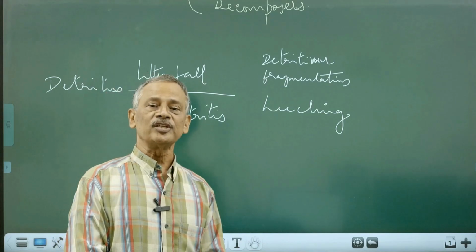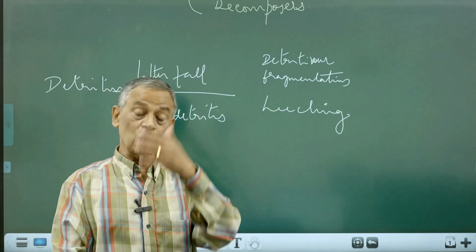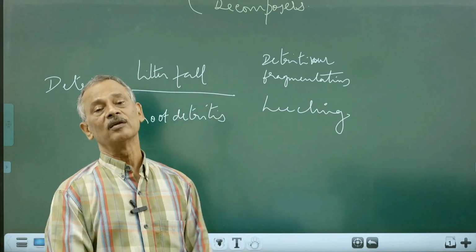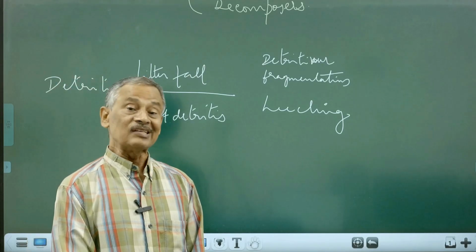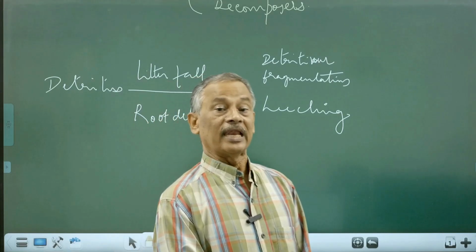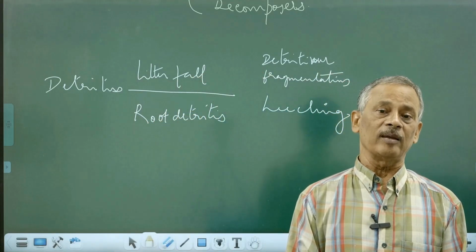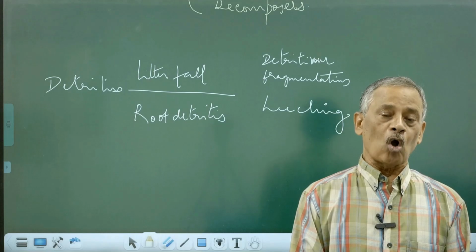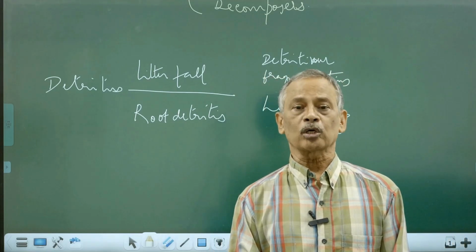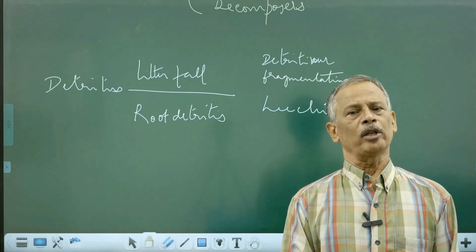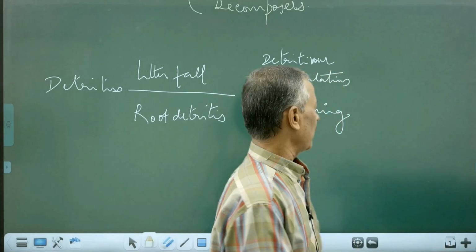They will be leached away, so they go to the deeper layers of the soil. And the third event is enzymatic. With the help of enzymes, large, complex macromolecules, organic molecules are broken down into simple molecules. That's called catabolism.